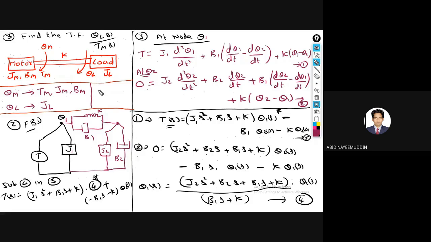The common element between theta m and theta L is only K. Now draw the free body diagram for this one. The next step, based upon the given data, is drawing the free body diagram.